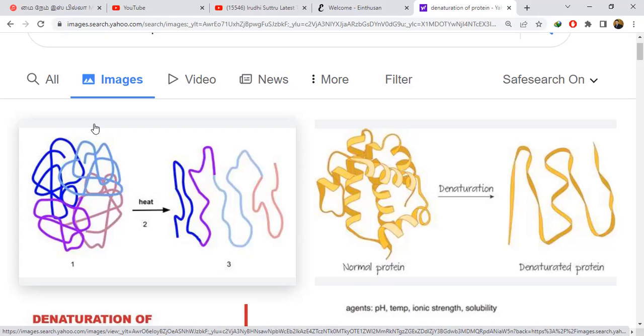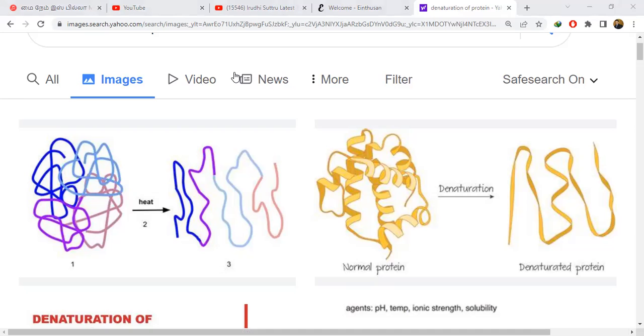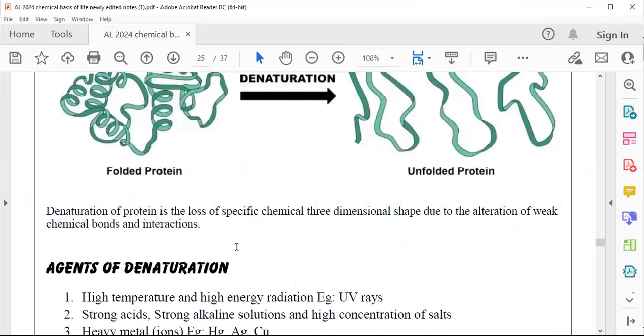If myoglobin undergoes denaturation, it can't store oxygen. So during denaturation, the protein molecule is losing its biological activity. Understood?